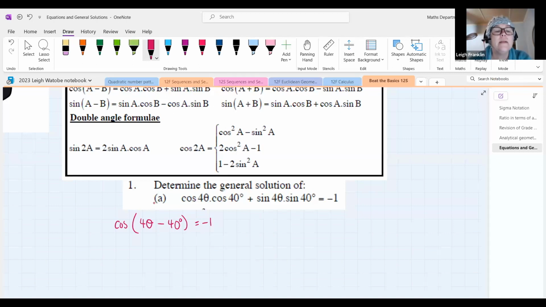Now, when we find our PAA, and we put in our 1, we end up with a PAA of 0 degrees.